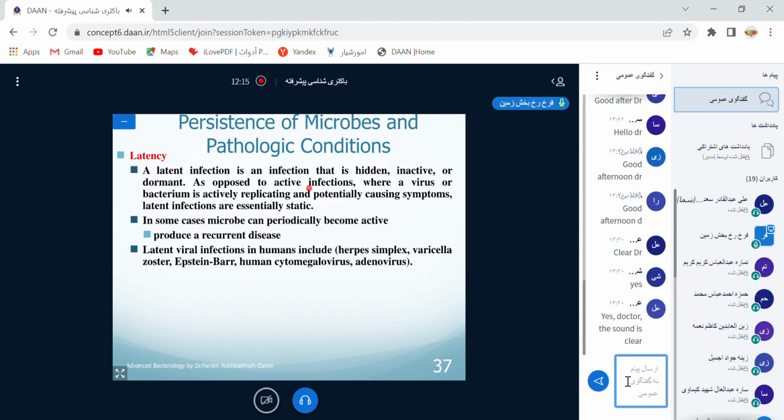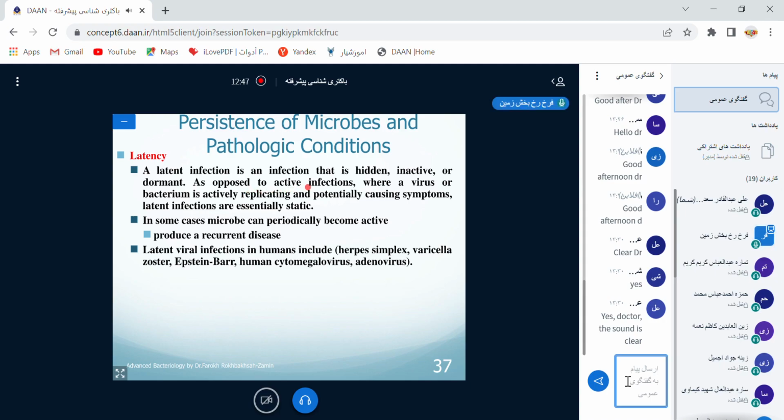So we have another definition. Sometimes we use the definition active infection, and sometimes we use latent infection. So infection is in the body, but it is not in active form. It is hidden, inactive, and dormant.